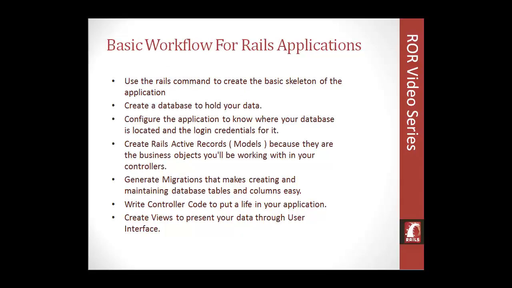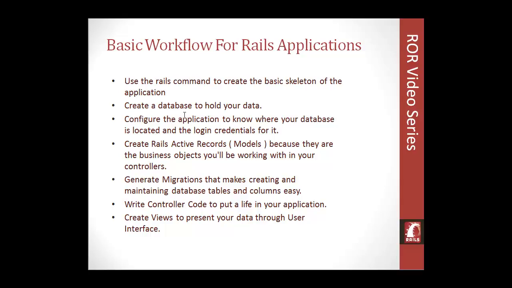There are a lot of different workflows you can use for Rails. This one varies from what we've been doing, but I'll go through this workflow. This is very common. Use the Rails command to create the basic skeleton. That's just the rails new application like we did in chapter 1. Actually, this isn't much different than what we did.